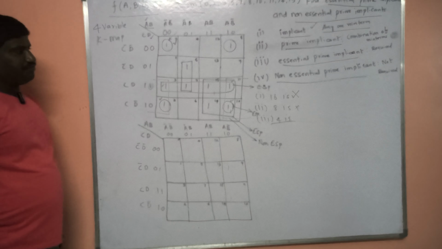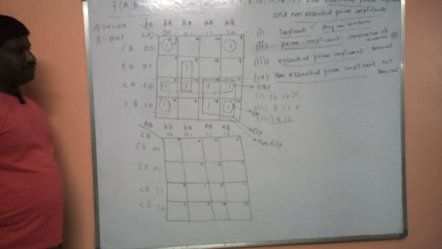But in case of essential prime implicants, we have at least one min term which is not being covered by any other grouping. That is an essential prime implicant. Okay, is that fine? So this is what exactly implicant, prime implicant, essential and non-essential prime implicant are.